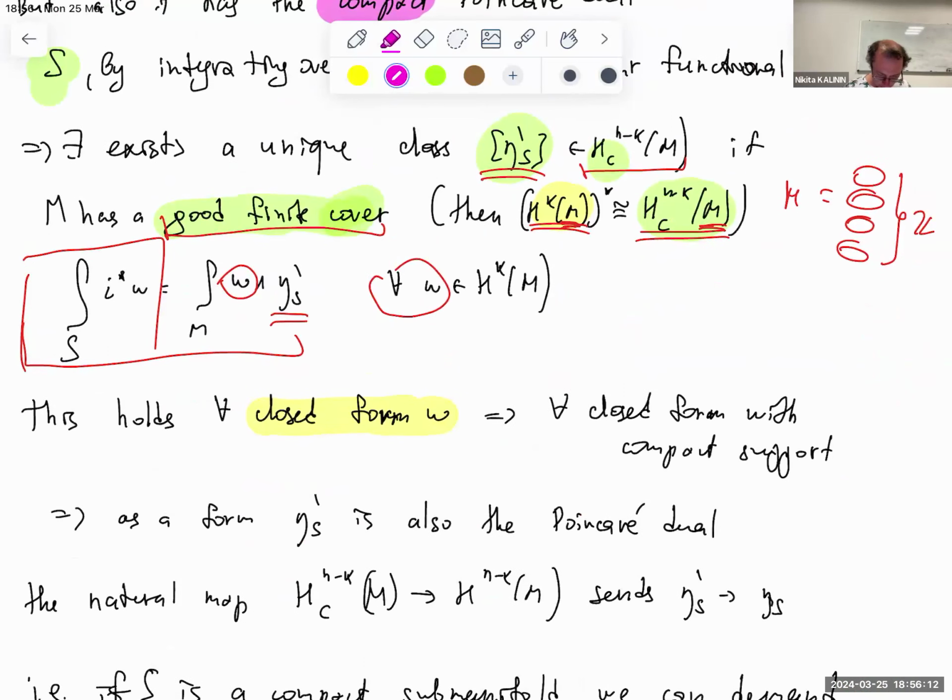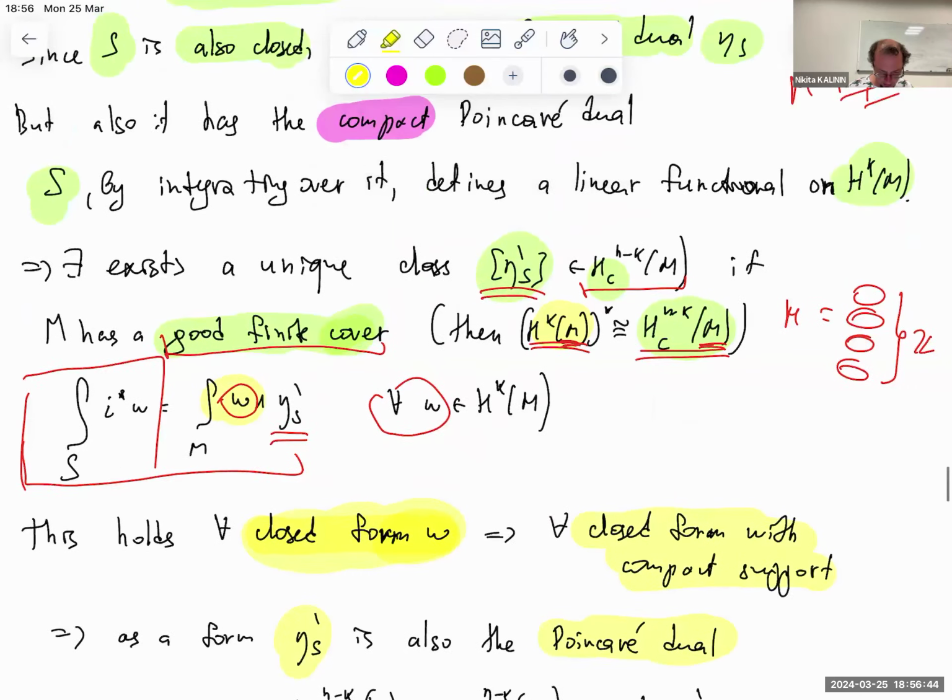Okay, so what we did, we constructed a certain closed form. That's true for any omega, and since it's true for any closed form, it's true for any closed form with a compact support, right? So it means that automatically the form omega S prime is also just the usual Poincare dual.